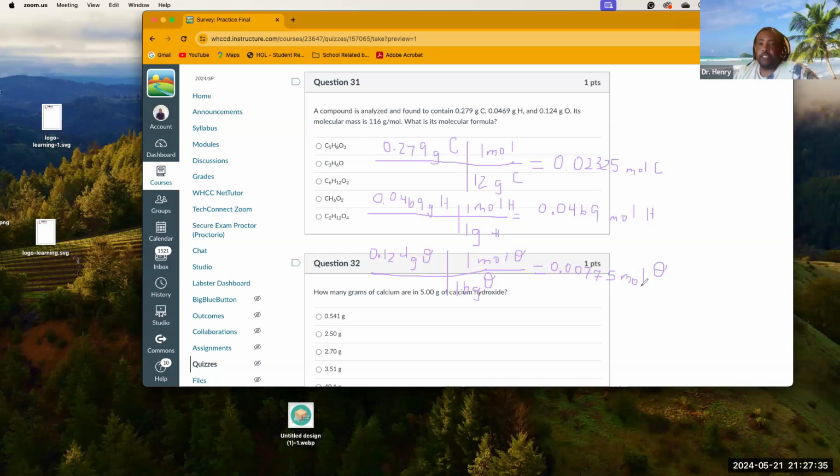So we're going to divide by the smallest again. So divide them all by the same.